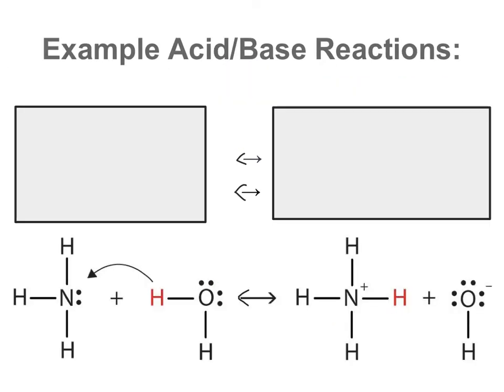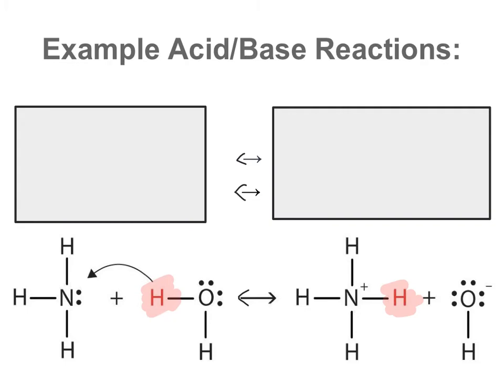So let's look at this particular reaction and see if we can identify a couple things in here. First of all, we want to identify which substance is releasing hydrogen and which substance is accepting hydrogen. Here is where I see the hydrogen, and on the other side, I see that that same hydrogen has attached to NH3.